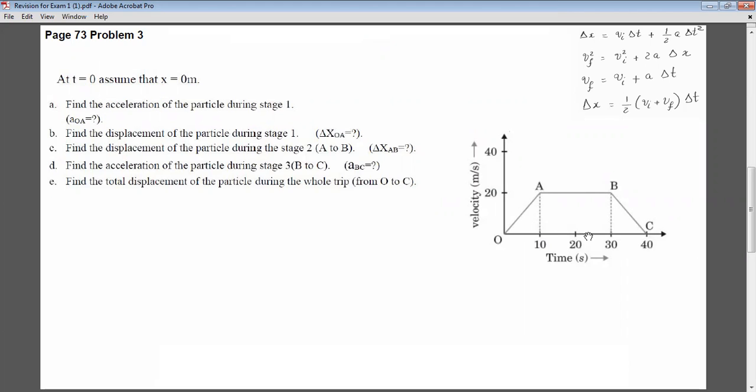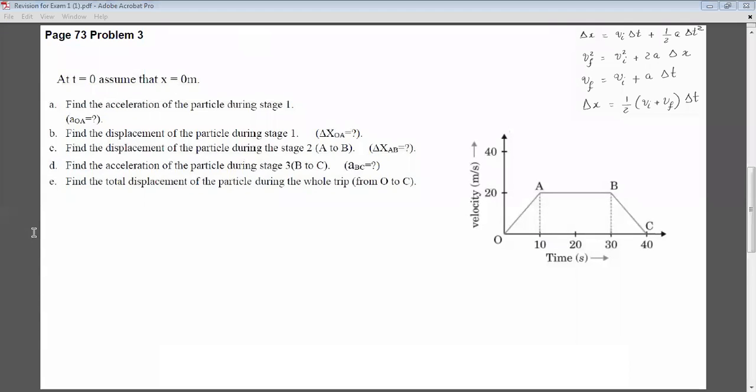And it's all shown on the graph. Assuming that at T0, x equal to 0, this information is important because it tells me that the displacement and the position will be the same, just in case it asks me for the position.